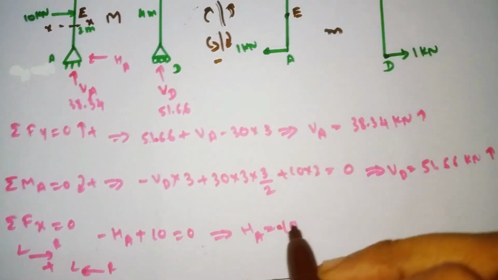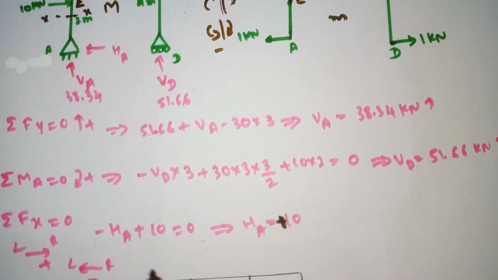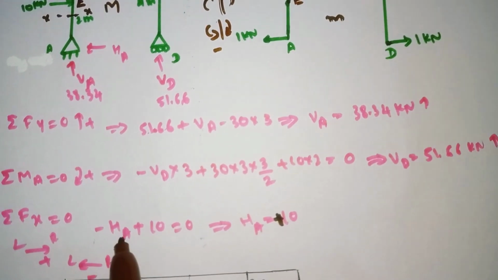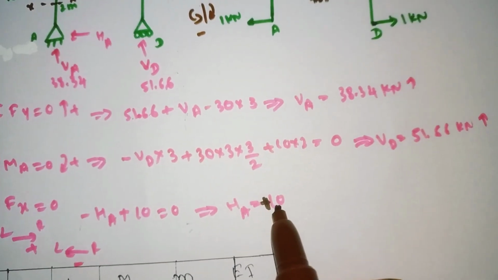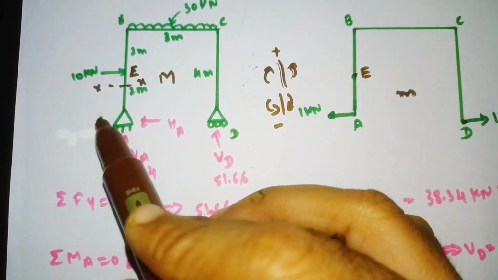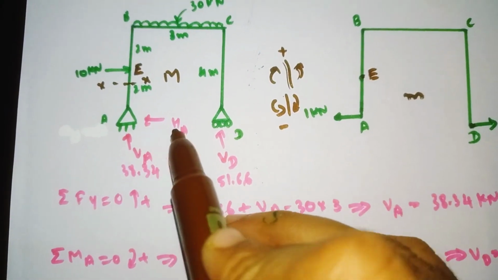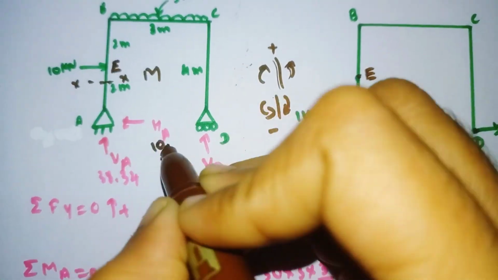The value we got is positive 10, because minus H plus 10 is equal to 0, so H will obviously be plus 10. So for AE, the HA value is 10, write it here.